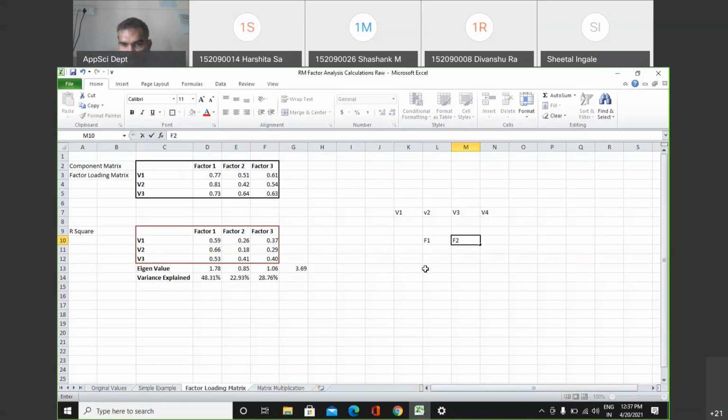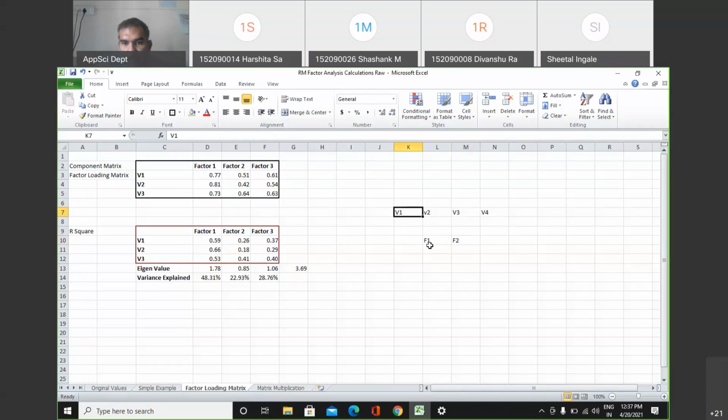In real life, these are the variables you will be able to see or measure, and factors you will not be able to directly measure. That is why these variables are called indicator variables. And these are called latent variables or latent factors, hidden factors.